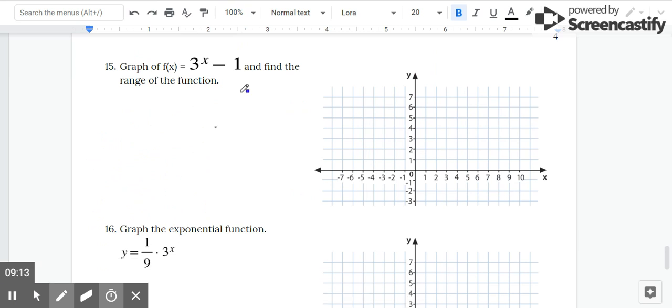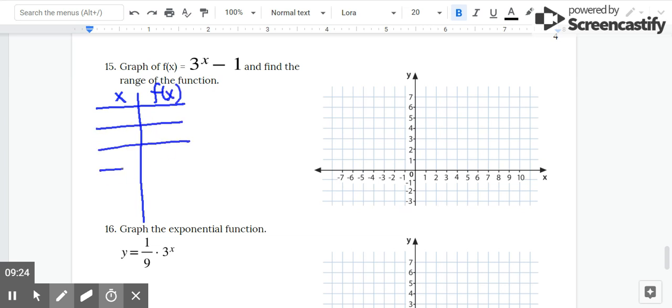This is going to be the same thing. So I need you to make a table. So it's going to be x, f of x, and we need 5 numbers. Okay, so I'm going to go negative 2, 0, 1, 2, 3. So I'm just going to plug in.